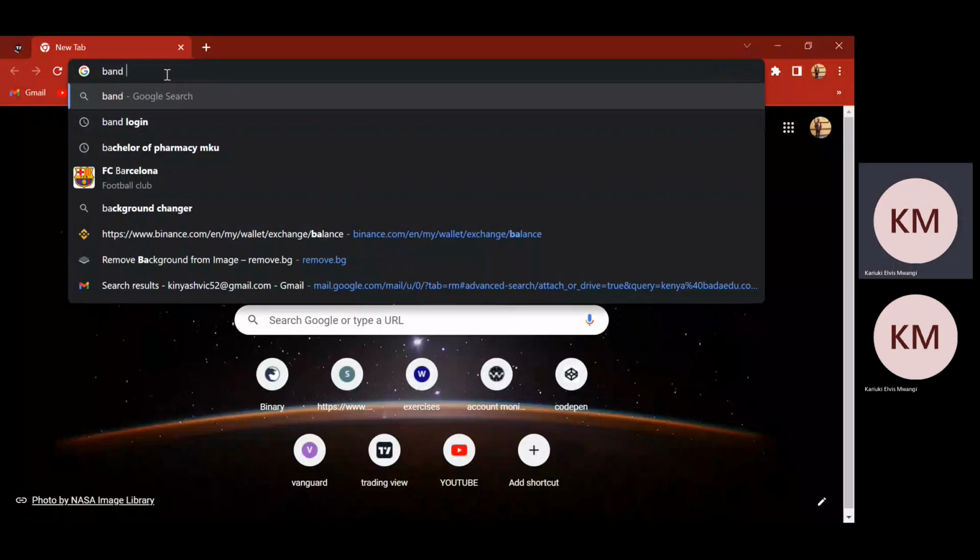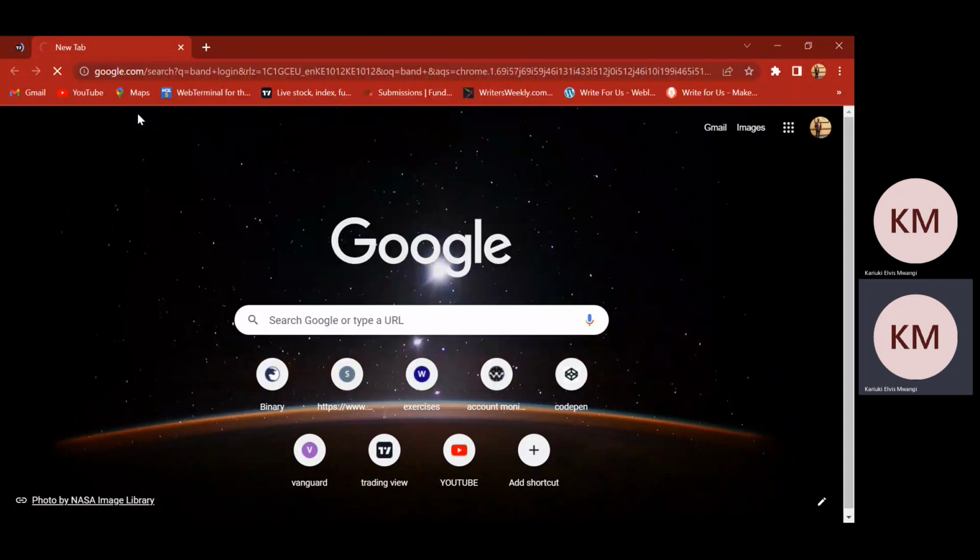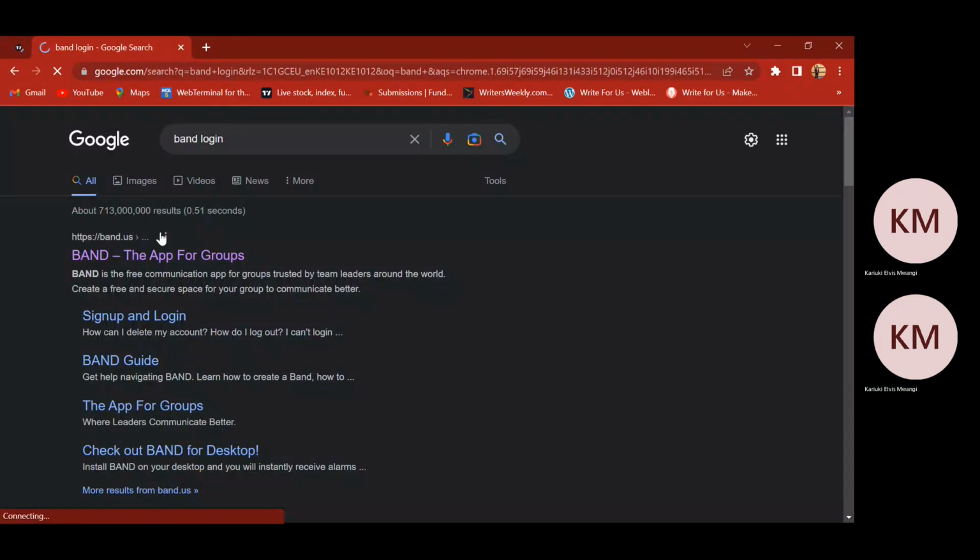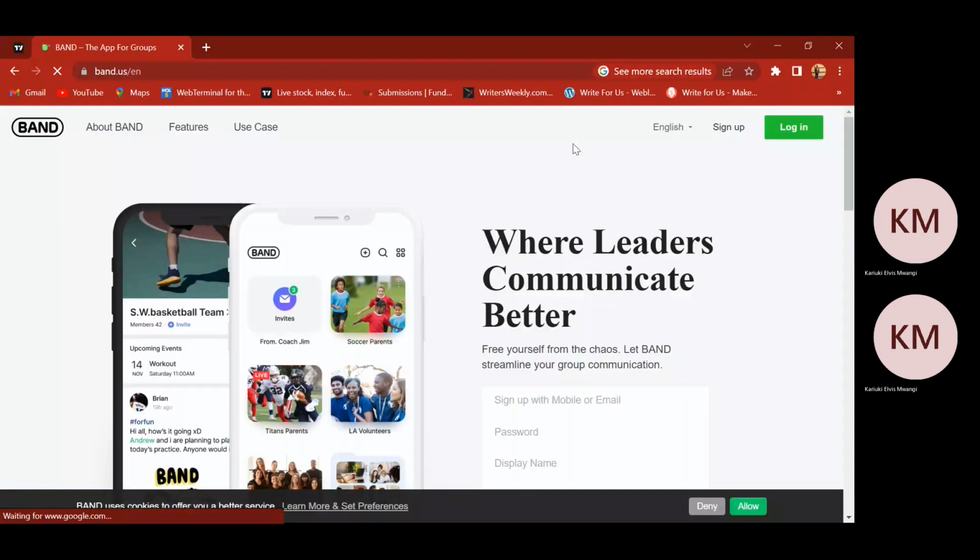Let me log in to Band. Previously I had the app on my other laptop, but it's not a must.